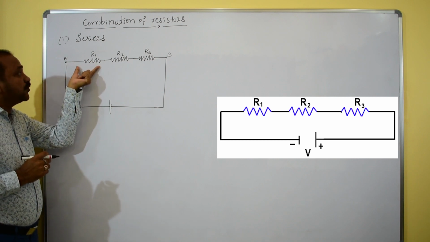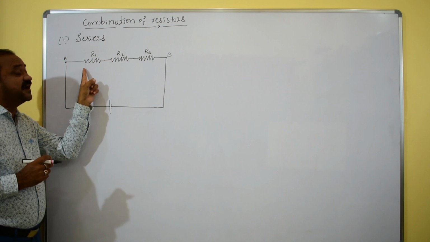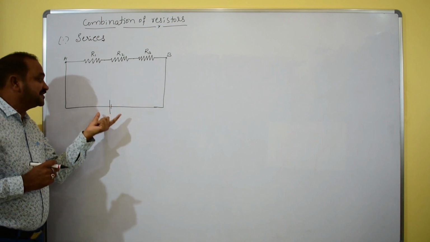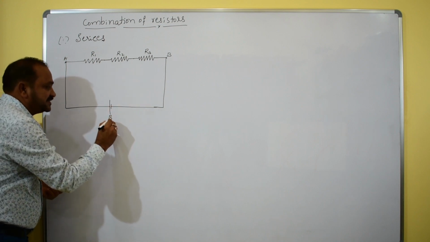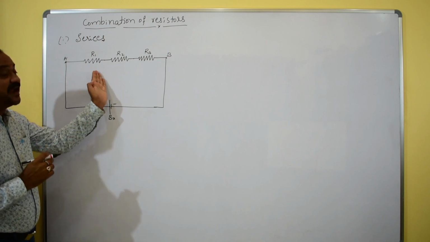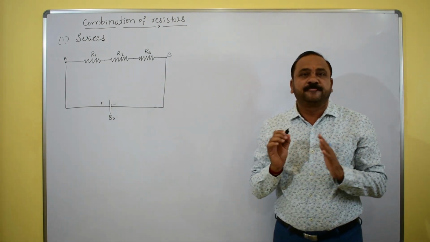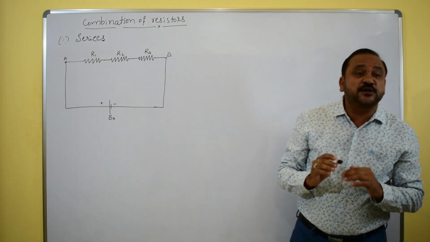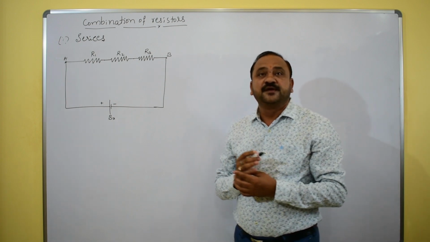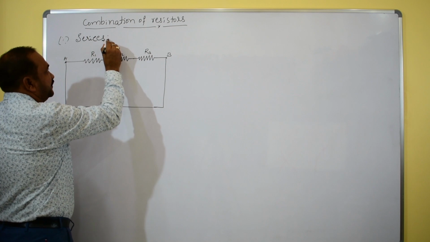These three resistors R1, R2 and R3 are connected end to end across this battery, with one positive terminal and one negative terminal. Series combination is nothing but resistors connected end to end.